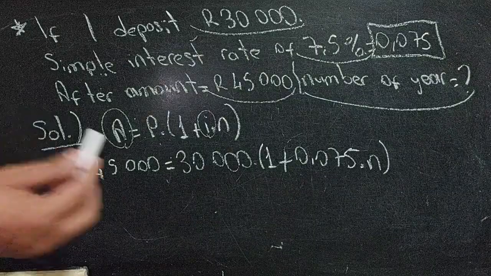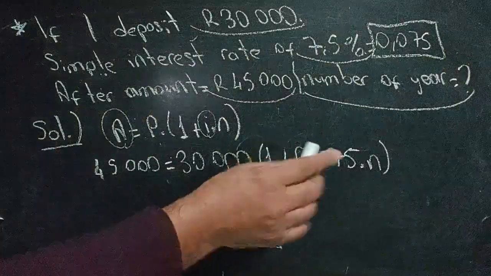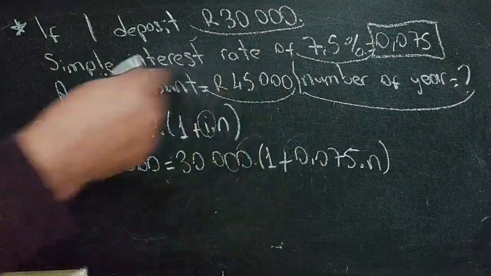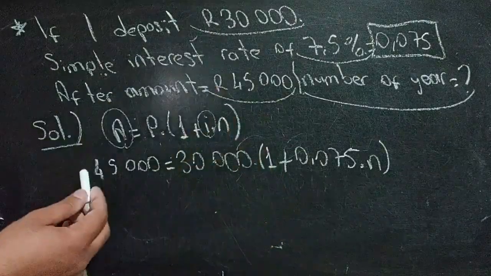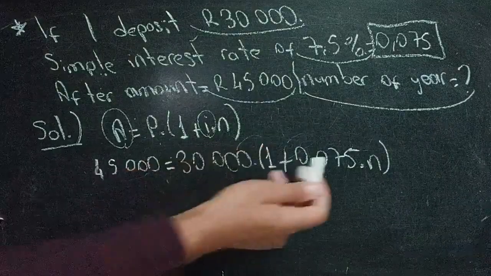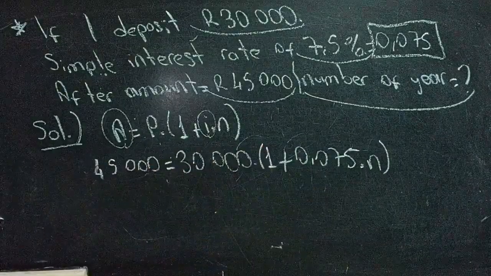So now what do? You don't need to open the bracket here. You can open and send 30,000 to the other side as subtraction and subtract from that, then calculate this time. This is going to be a little bit longer.